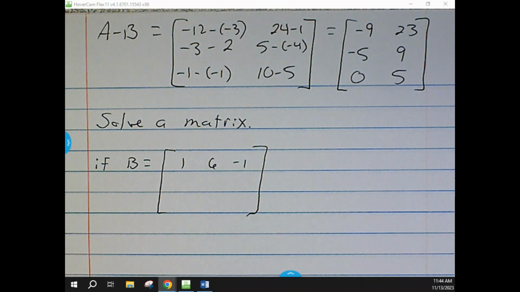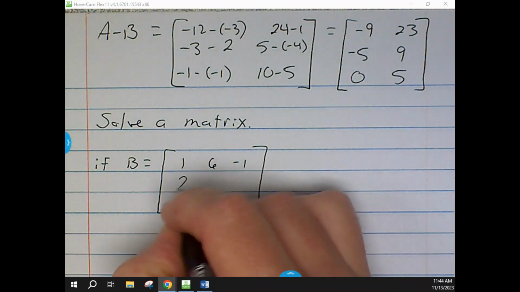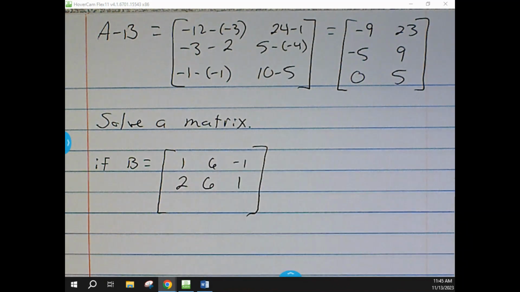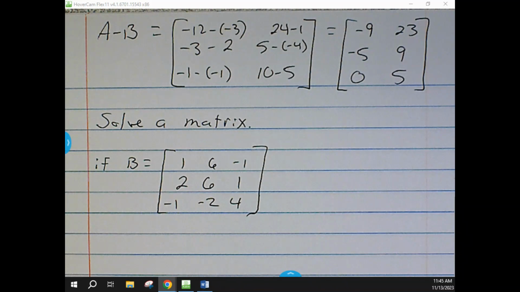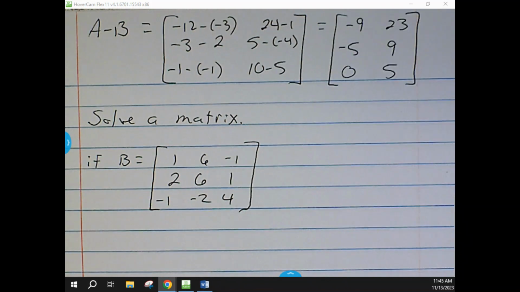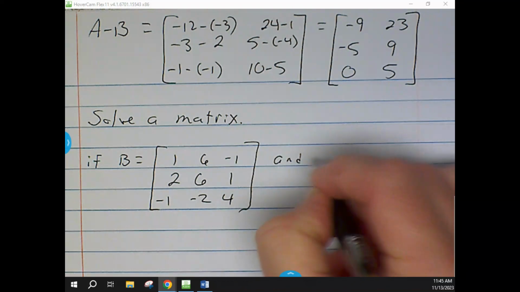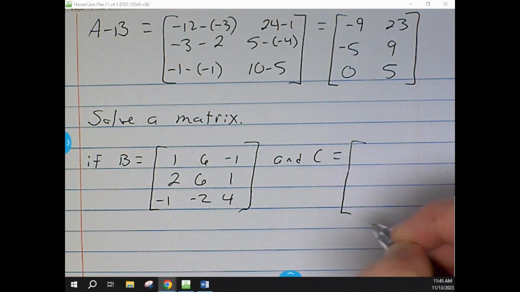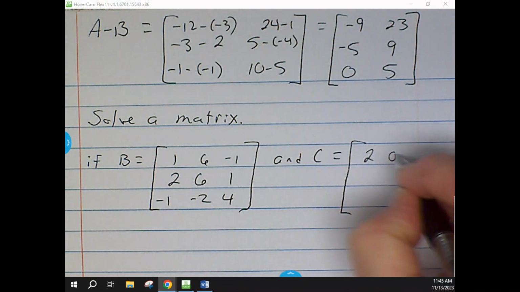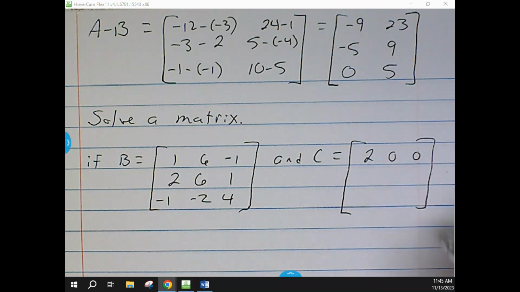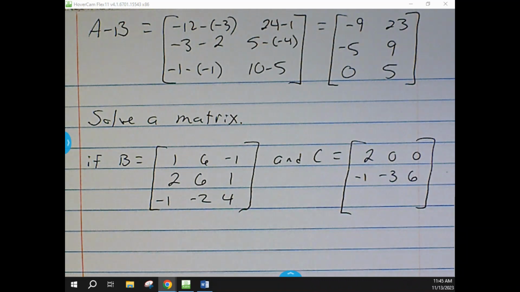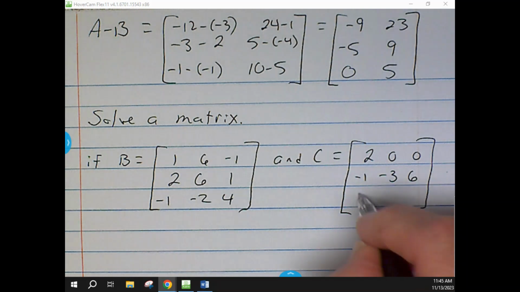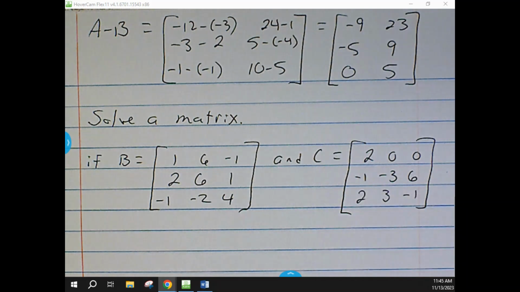Let's say matrix B is 1, 6, negative 1, 2, 6, 1, negative 1, negative 2, 4. So matrix C will go 2, 0, 0, negative 1, negative 3, 6, and then 2, 3, negative 1.